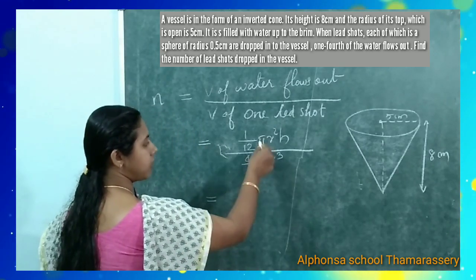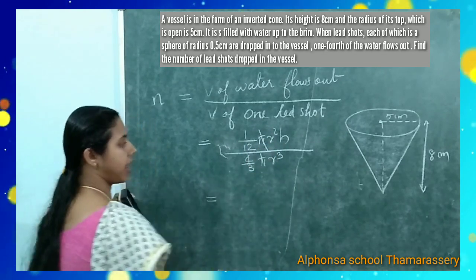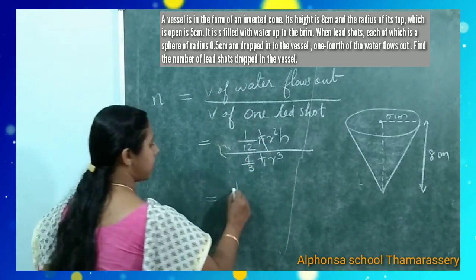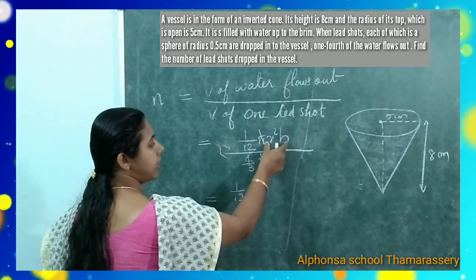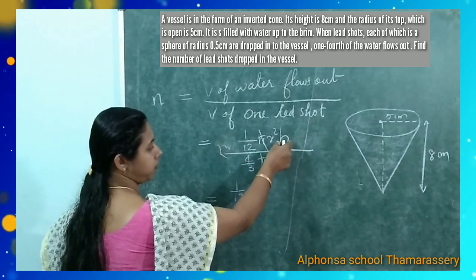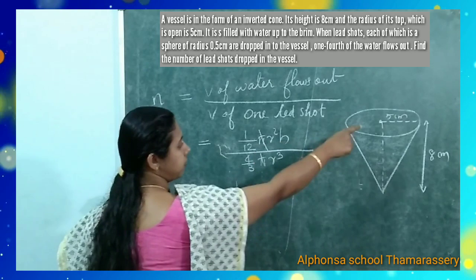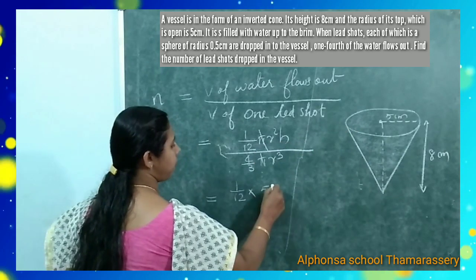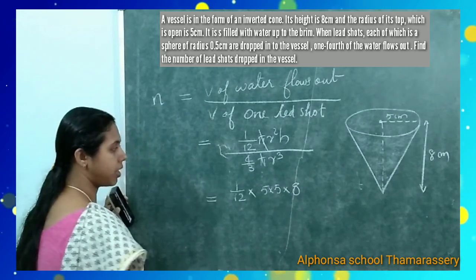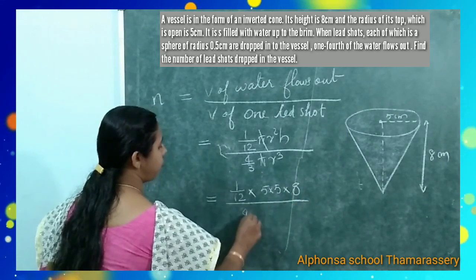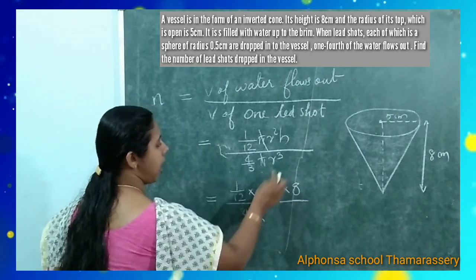You can cancel the common factors. Pi you can cancel. So 1 by 12 into r square h, where these are the radius and height of the cone. The radius of the cone is given as 5, so it will be 5 into 5 into the height 8 centimeter, divided by 4 by 3 into r cube.